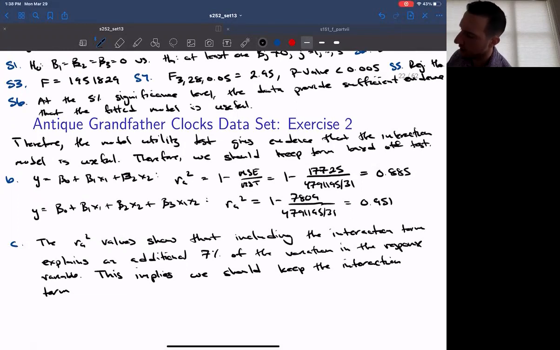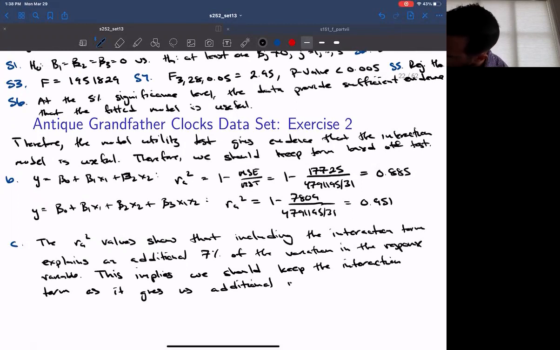So this implies we should keep the interaction term as it gives us additional information about the response variable.